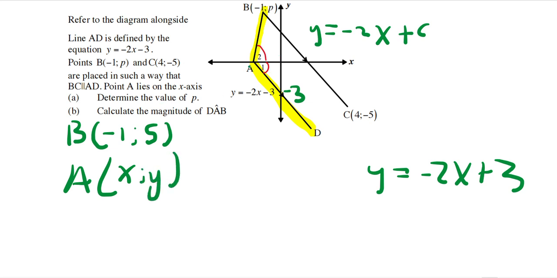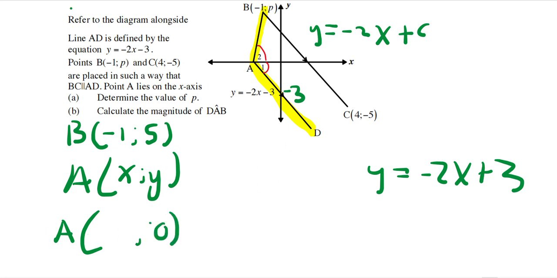I think we don't, so we can find them. Using the line y = -2x - 3, we know that A lies on the x-axis, which means the value of y is 0.